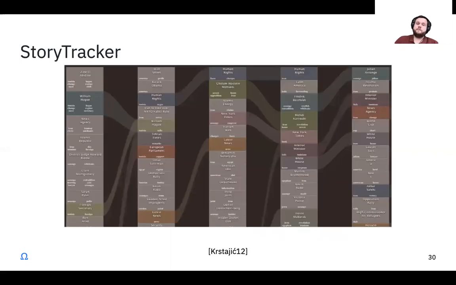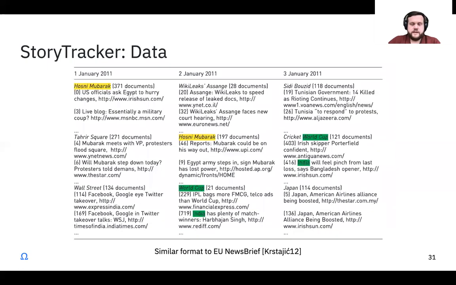An example of a system like this, and I think this is by far the most used paradigm if you go over text analytics papers, is that you model interesting things in text as nodes of a graph, and then you just plot it and treat it as a graph visualization henceforth. So here, this is a system called Story Tracker.